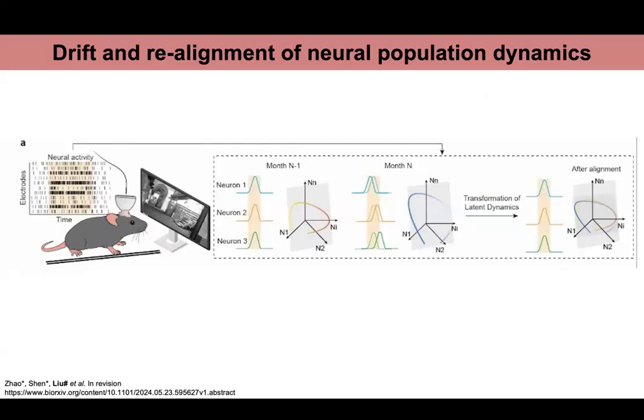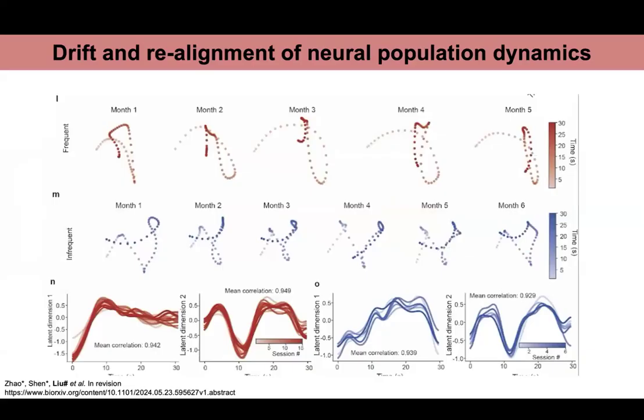If we're not looking at the single cell level dynamics but at the population dynamics, at the neural manifold, we found that when we can capture the activity from the same neuron, the neural manifold seems to go through what is mathematically called an affine transformation. That means they preserve their topology.